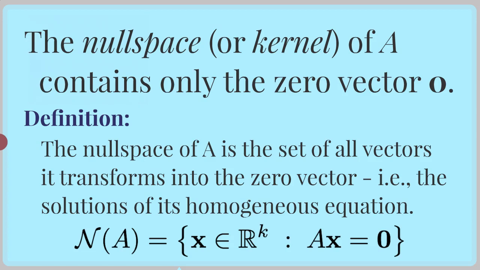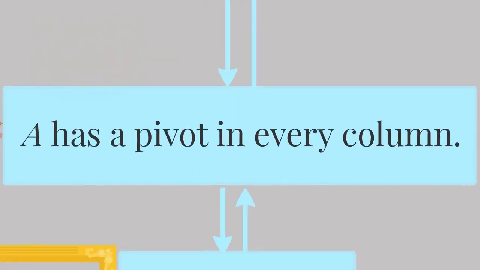So if I want my solutions to be unique, in other words, if I want the only solution of the homogeneous equation to be the zero vector, if I want my columns to be a linearly independent set, that must mean that I don't have any free variables. And in order to not have any free variables, what I need is to have a pivot in every column of my matrix.